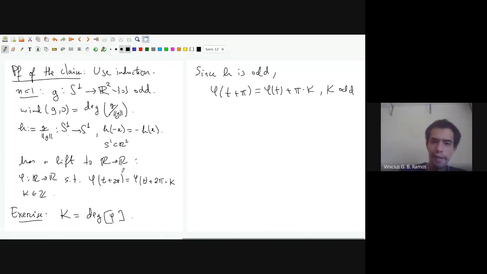So by this exercise, k is the same k that appears here and here, because this k is unique. So k is the degree of h, and it has to be odd. Okay, so that's the proof of the case n equals 1. Any questions?